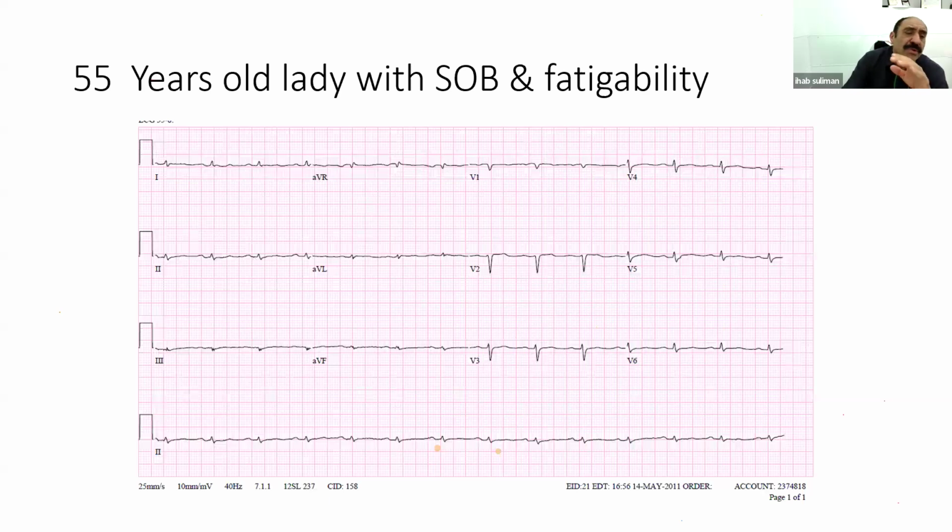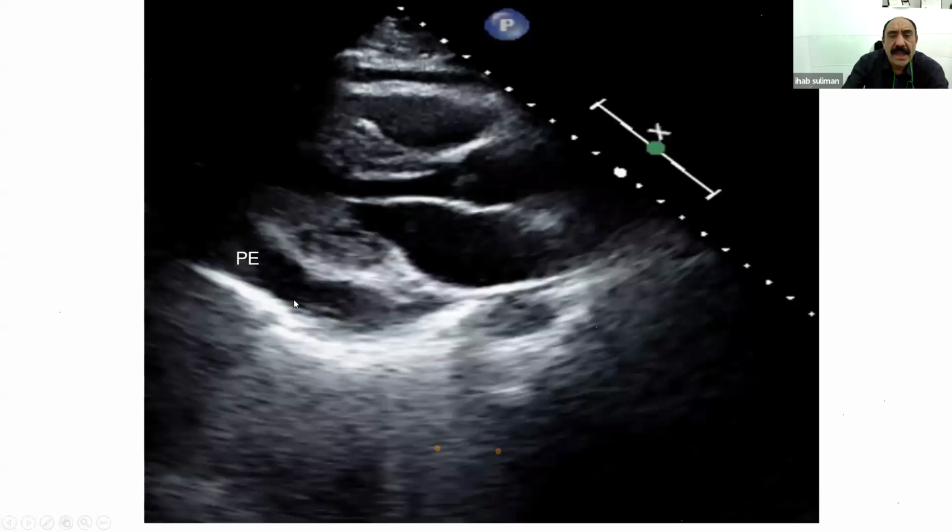So what could be the causes, pathological or physiological, of low voltage ECG? We said the commonest cause is obesity, but it can occur with hypothyroidism, with pericardial effusion, pneumothorax, and everything. This patient was severely hypothyroid. And when we did an echo, we also found pericardial effusion.